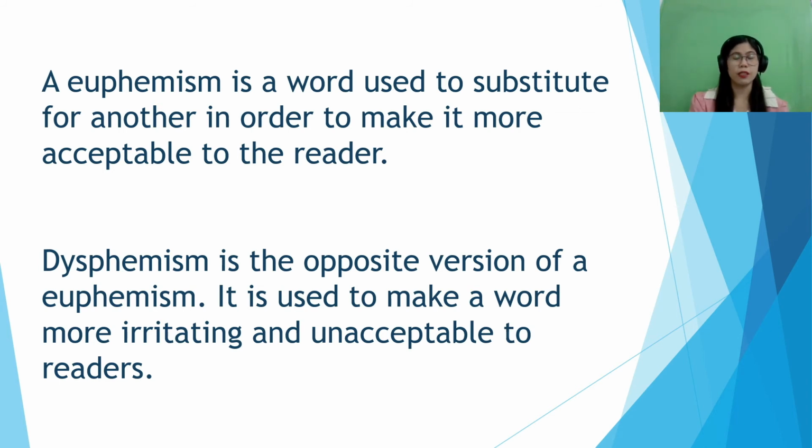For instance, a writer pushing for the legalization of gambling may refer to it as gaming instead. Another example, they can call people freedom fighters instead of rebels or terrorists. So see the effect? For you to understand further the difference between the two terms, let's have other examples.